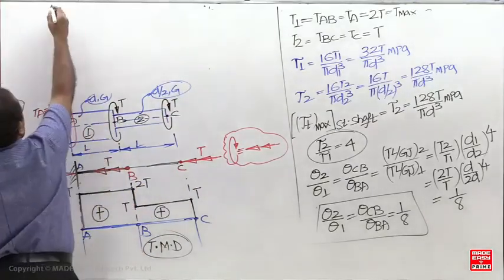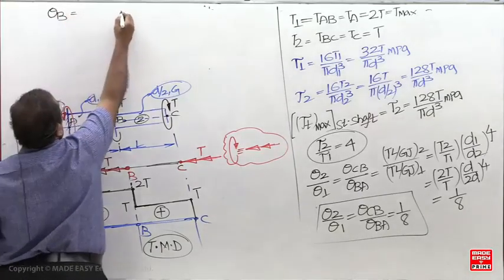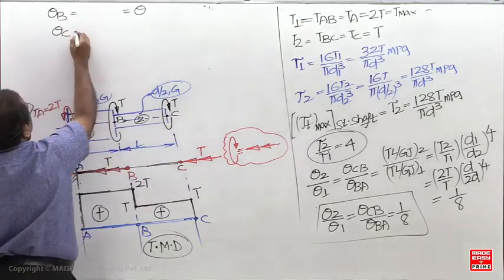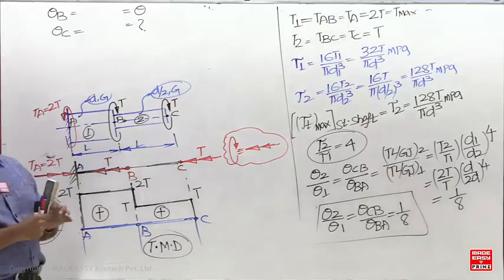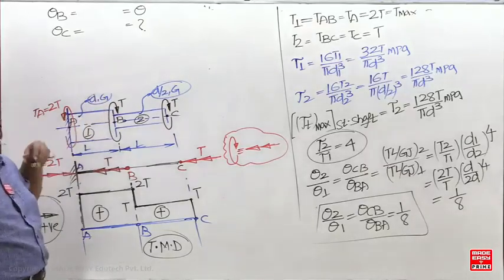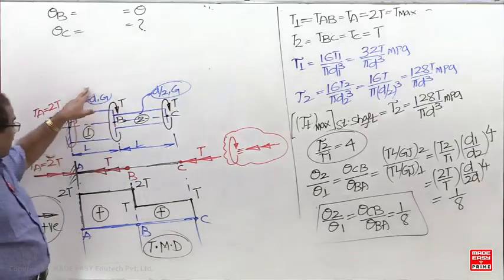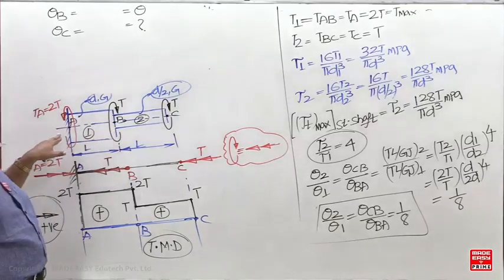Angle of twist at B is given. And what is the angle of twist at C? Torsion equation is valid for what? Theta is maximum at the free end. For the first shaft, B is the free end, and for the second, A is the fixed end.